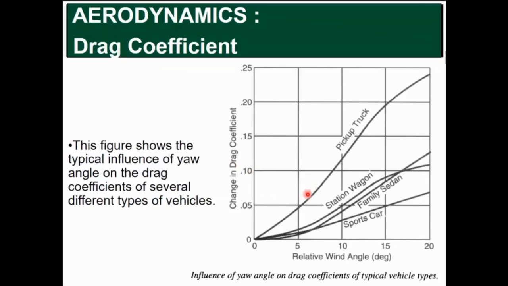Okay, so they are the relative wind angle, meaning that there are several yaw angle. Okay, for example, family sedan, this is the graph. Okay. So as the wind angle increase, so the drag coefficient also will be increased. It same goes to another type of the car.